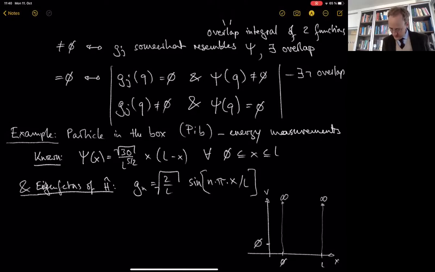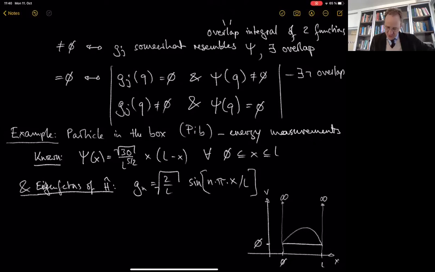So this then means that your wave function has this sinusoidal behavior.